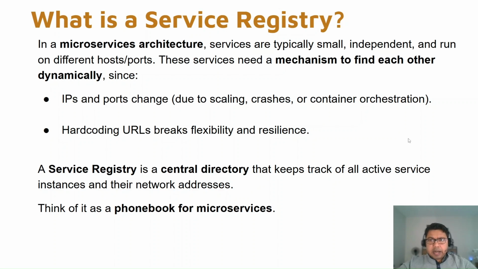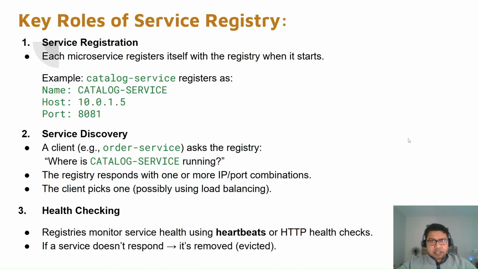Next, let's go to the next slide and see the key roles of service registry. What are the key roles? Each microservice registers itself with the registry when it starts. Say this is a catalog service.